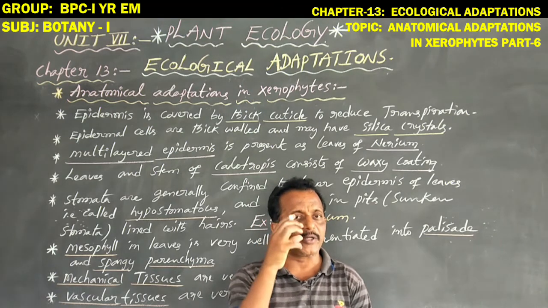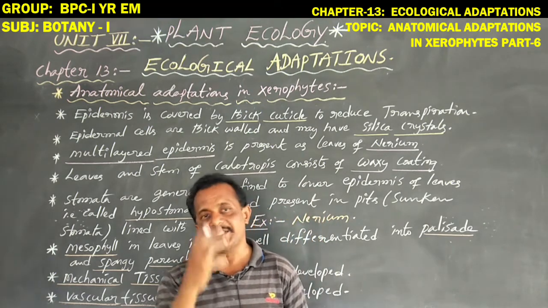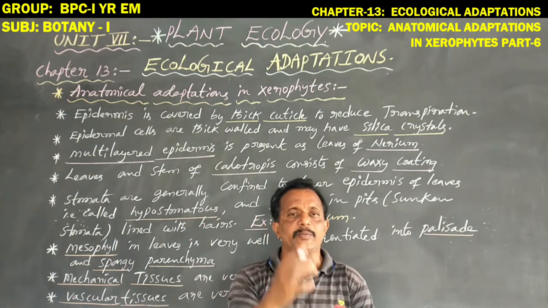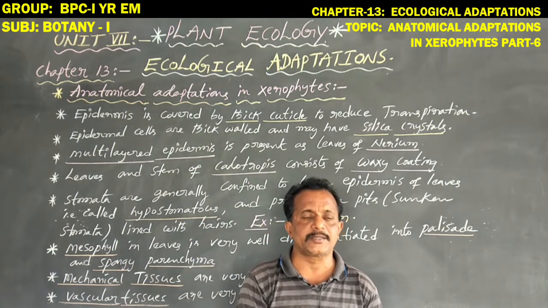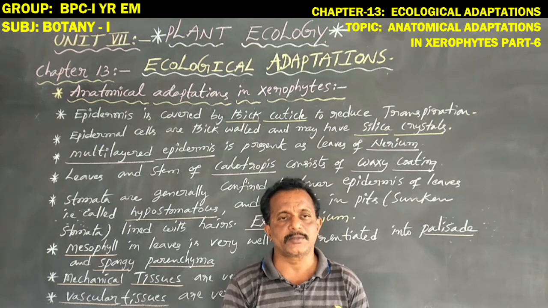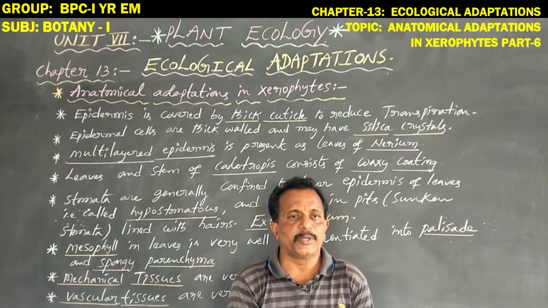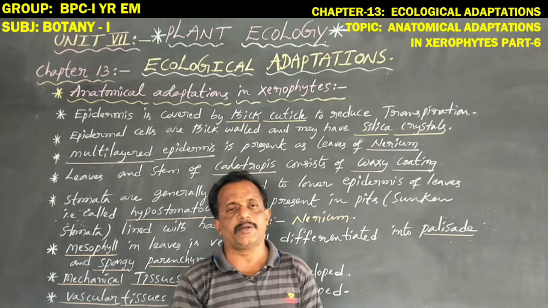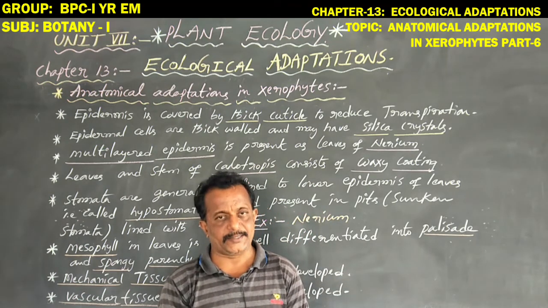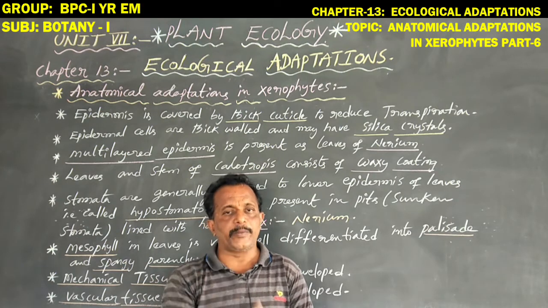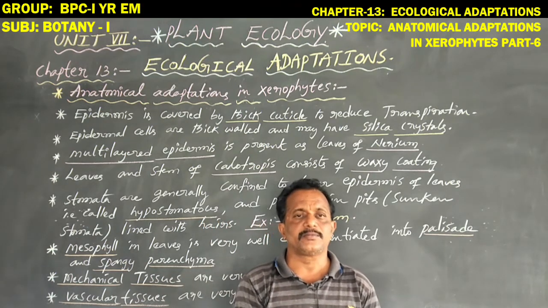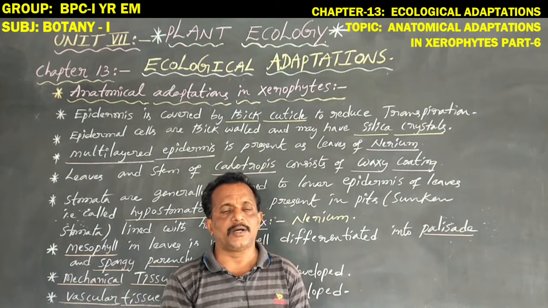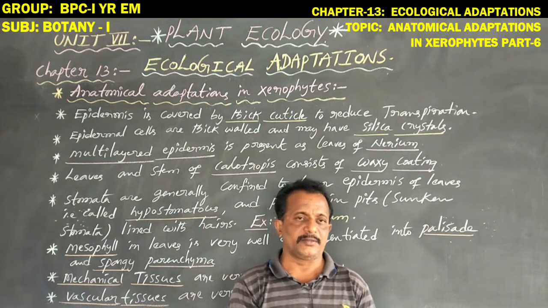The first main part is the epidermis. The second main part is the cortex in roots and stems, but in leaves the cortex is replaced by mesophyll cells. The third main part in roots, stems and leaves is the stele or vascular bundles.